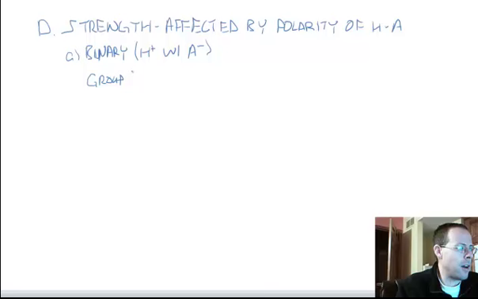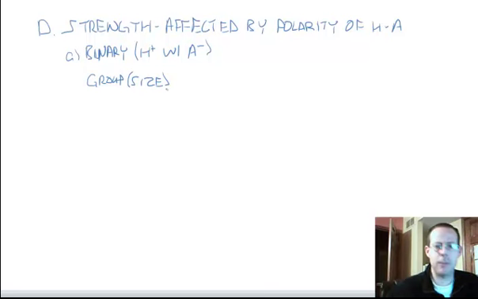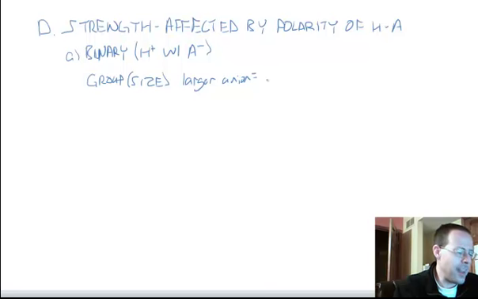So our group trend always has to do with size, right? And as we go from top to bottom, what happens to the size of atoms? They get larger. What happens to the size of ions? Because again, we're talking about anions here. They get larger as well. So we might just say the larger the anion equates to a weaker bond, all right?